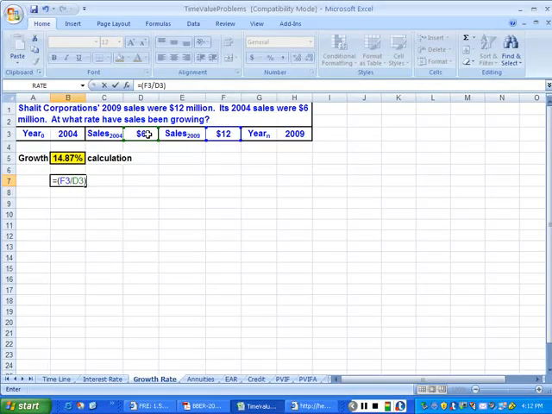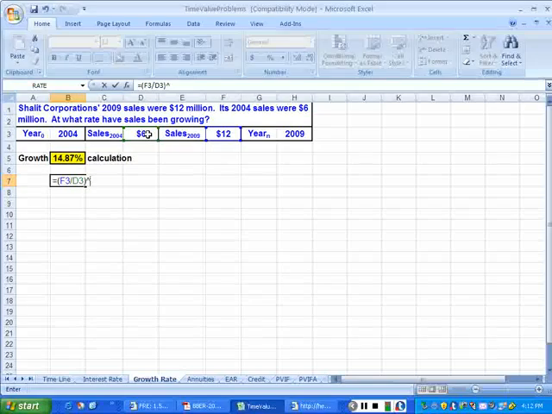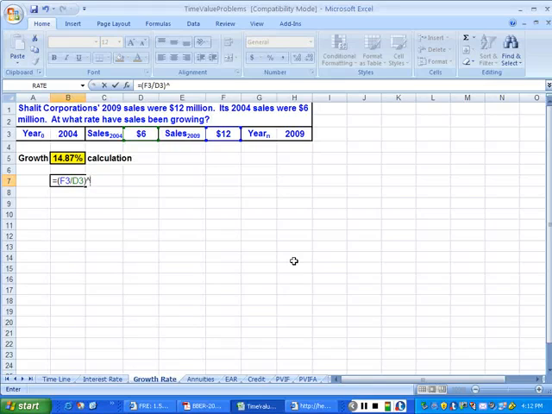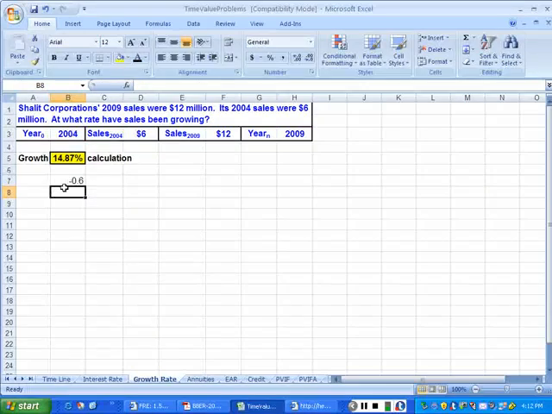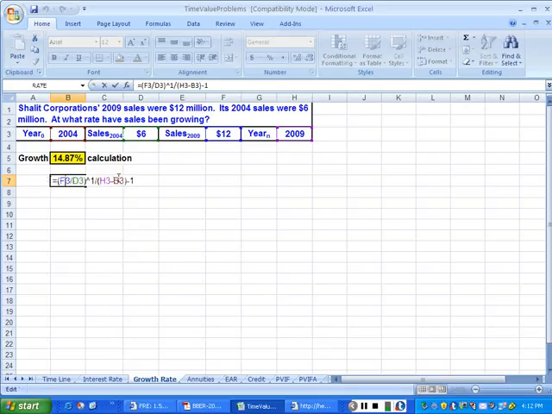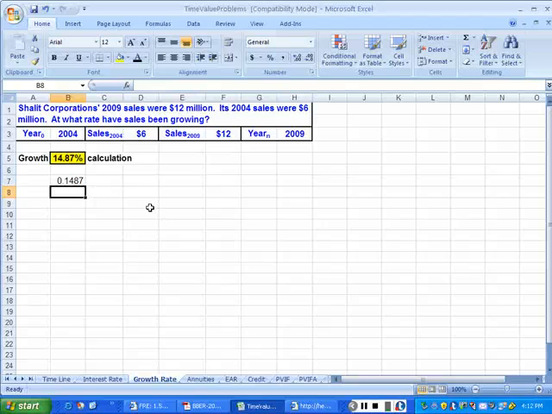So if I look at that ratio, and if I were to raise it to a power of 1 divided by the difference in years, 2009 minus 2004, and then go ahead and subtract 1 off, what I'm going to receive in here is the whole notion of the particular growth rate. And again, in here I need to raise it to that power, but I'm going to be very careful that I put all of the parentheses in here to keep it to that power. And what we get is our 14.87% growth rate.